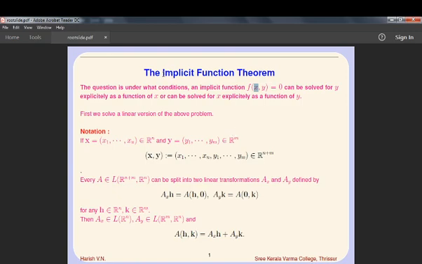And in implicit function theorem, we try to answer this question. Or you can tell the other way around also: x as a function of y, when you can solve for x as a function of y. So when an implicit function becomes an explicit function, that is what the implicit function theorem says.